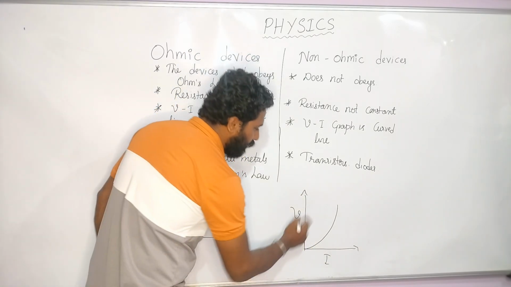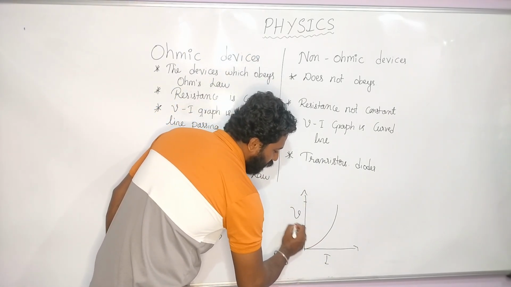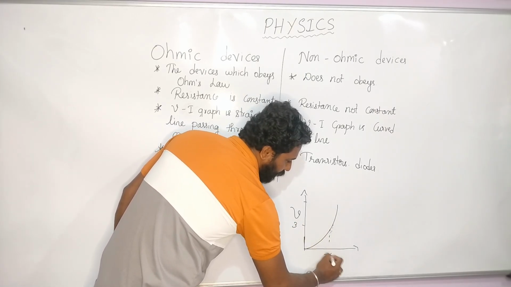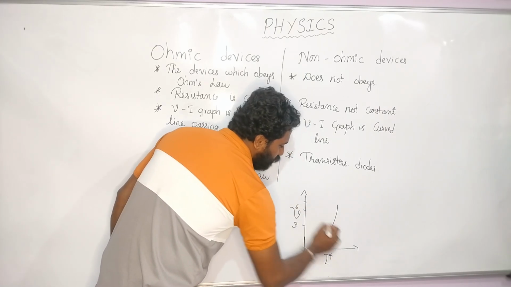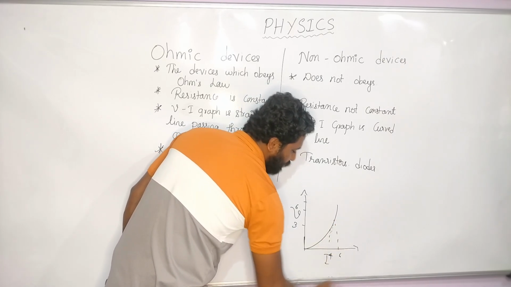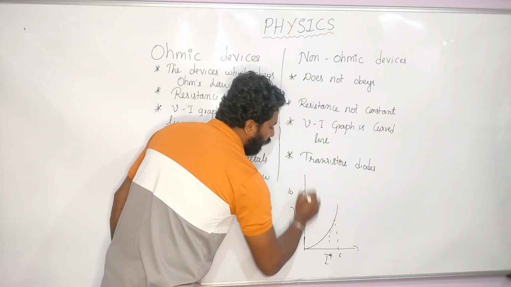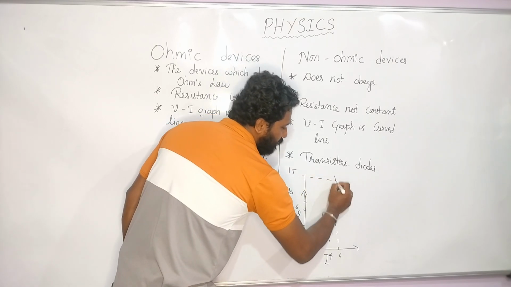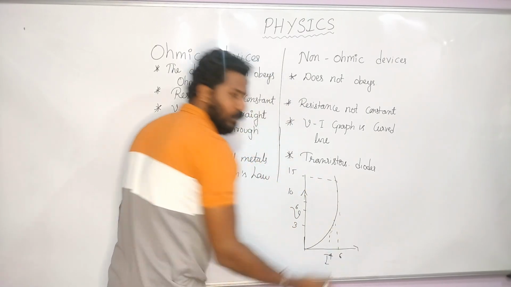For example, at 3 volt the current is, say, 4 ampere. Now increase to 6 volt, the current is, say, 6 ampere. Now we increase the voltage to 15 volt, but the current remains the same.